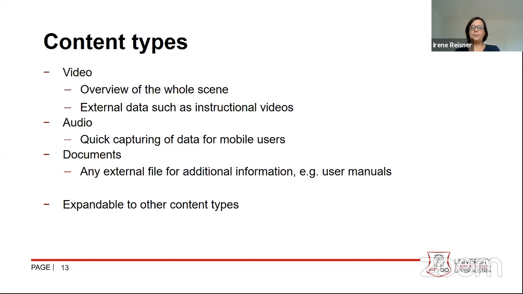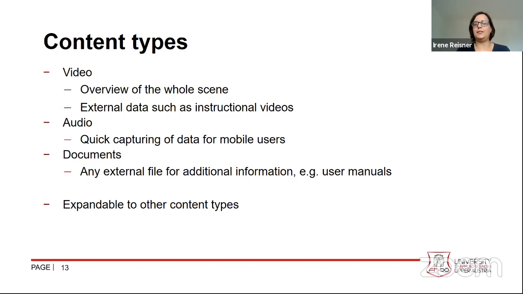Then we have included some other content types. Video is useful for the mobile user to generate an overview of the whole scene. But it can also be used to include external data such as instructional videos. Audio is very useful for mobile users because it's hard to type text into the smartphone.